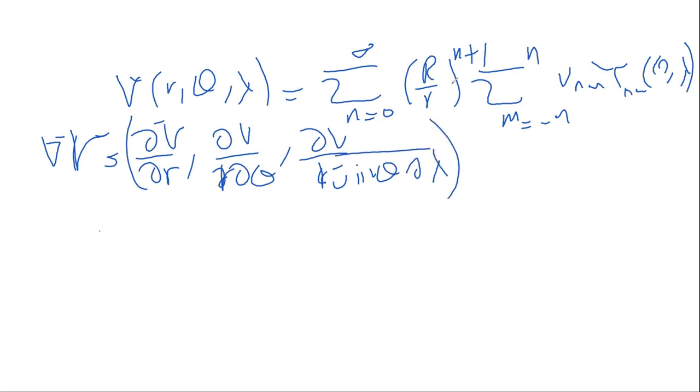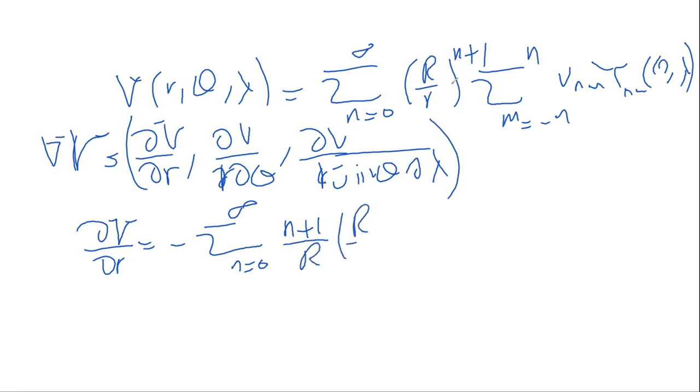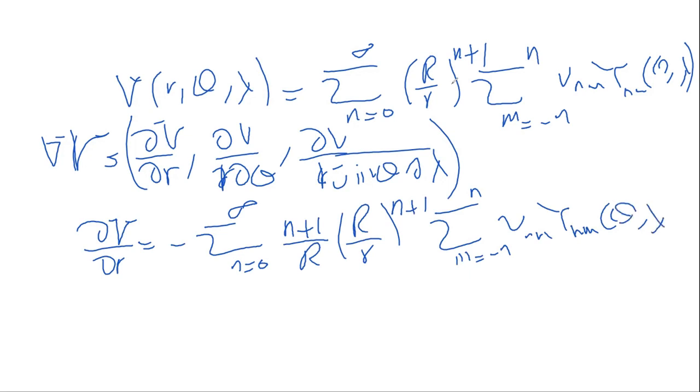So that's all. Derivative of V with respect to r will be minus, sum from 0 up to infinity, n plus 1 over R, R over r to the n plus 1, sum from minus n to n V_nm Y_nm theta and lambda.